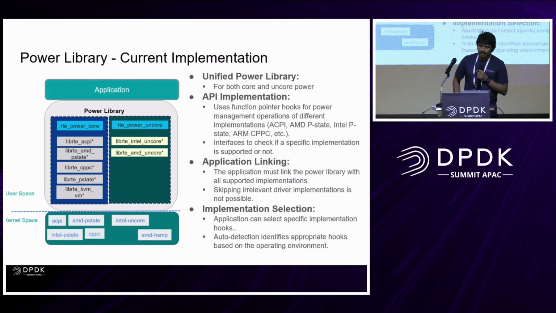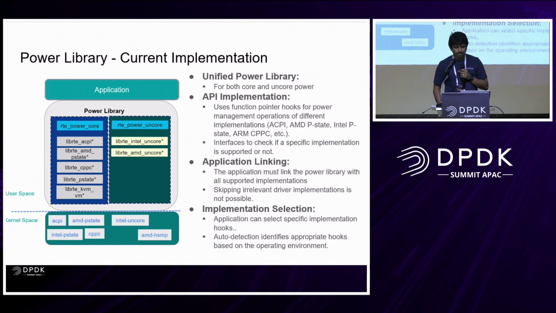What we have in the current power library implementation is something like this. The existing power library is built on top of the Linux operating infrastructure, OSPM. We have different kernel drivers for different frequency management, like ACPI, or specific PCI drivers for different vendors. There are also certain Uncore drivers for Uncore frequency scaling.